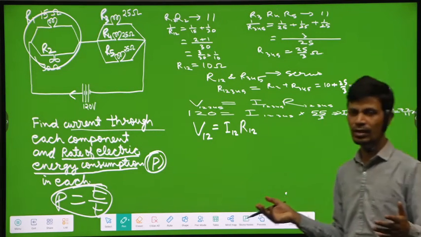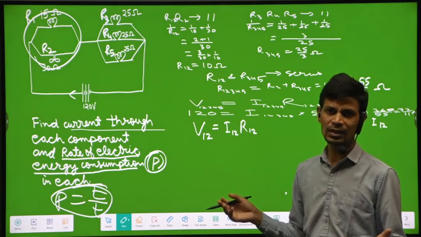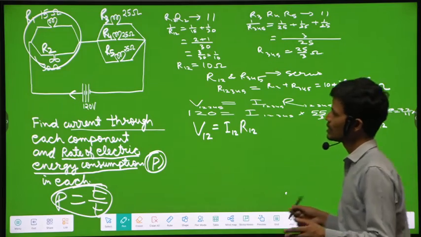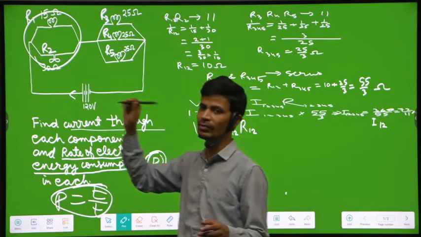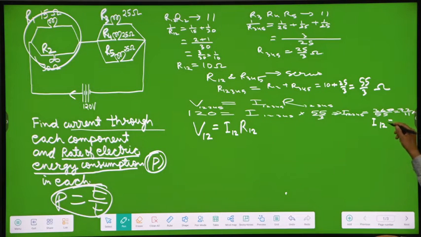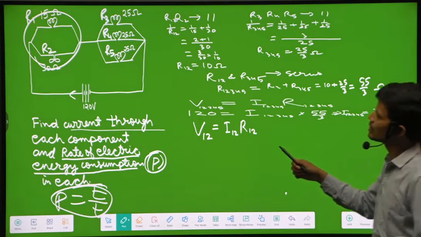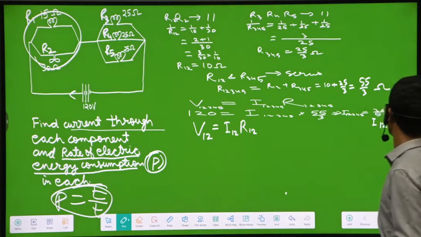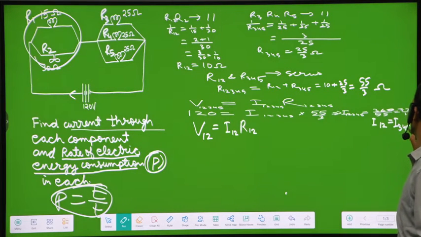Maybe 1 is getting more current, 2 is getting less, but the sum of them is the same as that delivered by the cell, that is I12345, and the same is there for I345.